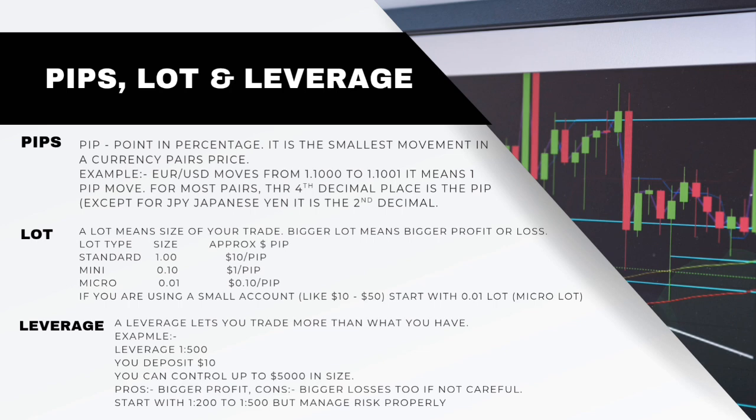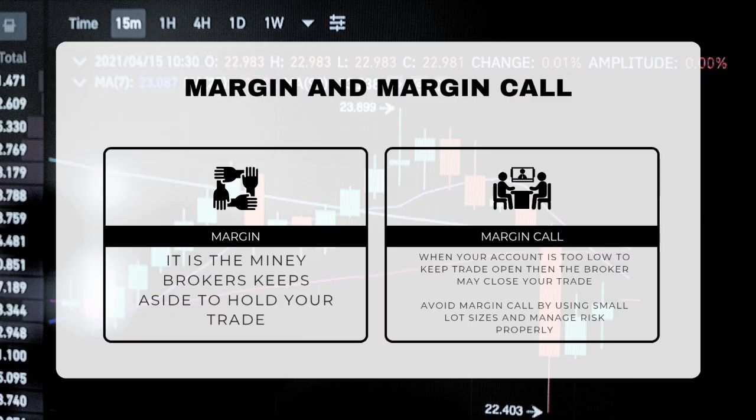So the next one is margin and margin call. What's margin? Margin is the money the broker keeps aside to hold your trade. And what's the margin call? Your account is too low to keep the trade open, so the broker will close your trade. That means you've blown your account.